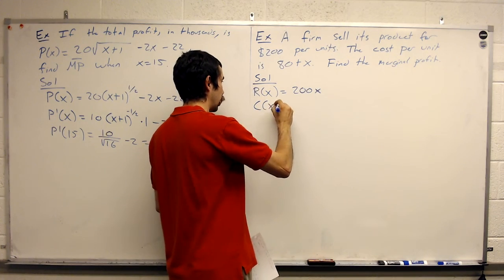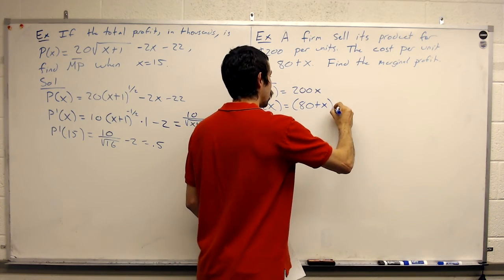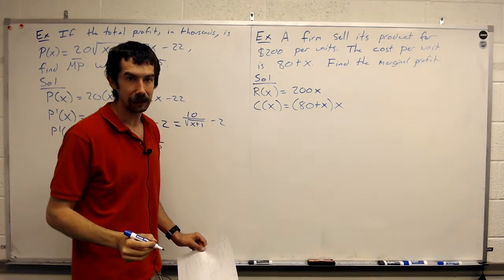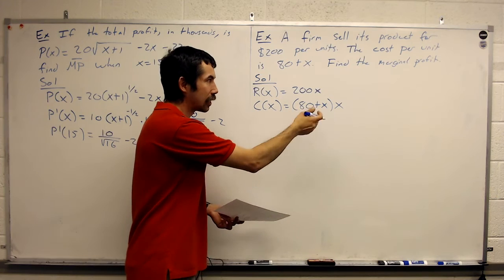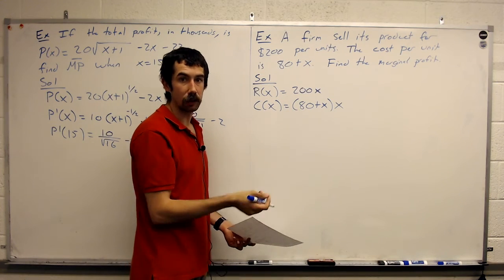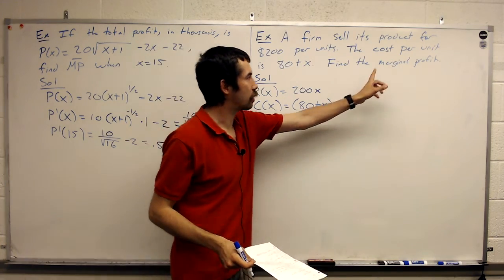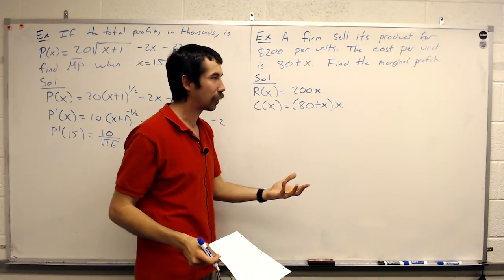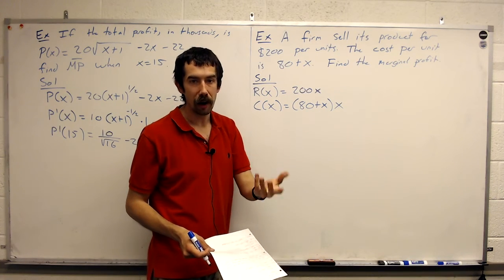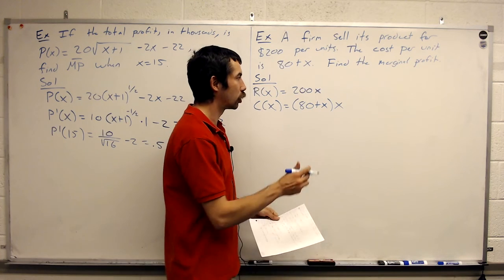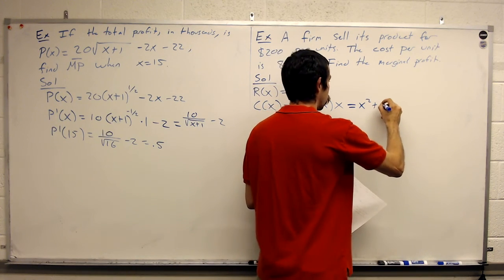So our cost function is our cost per unit times the number of units, which is just x. I'm going to clean this up a bit because we're going to eventually take a derivative, because it says marginal profit. Here we have a product. We could use the product rule to find the derivative, but it's so much easier if we distribute.